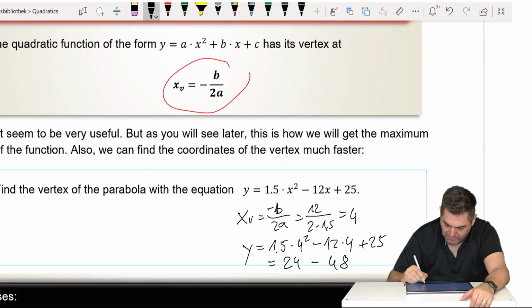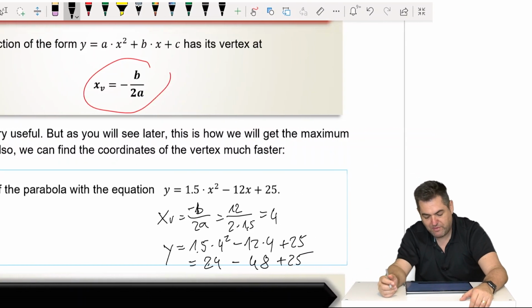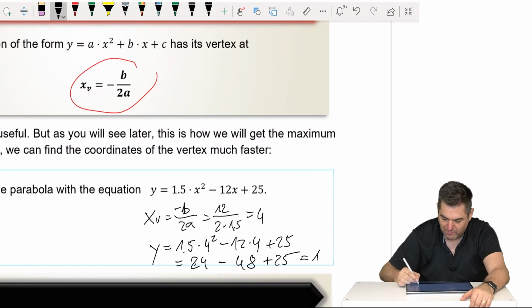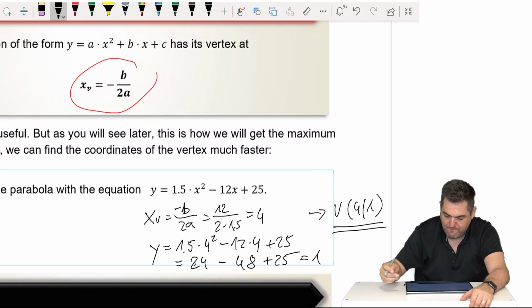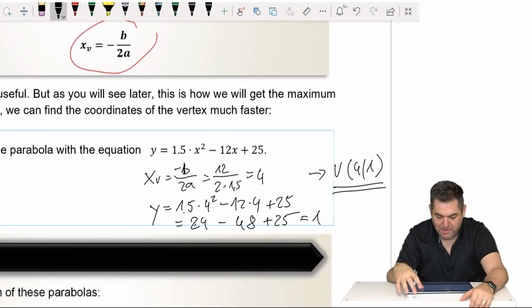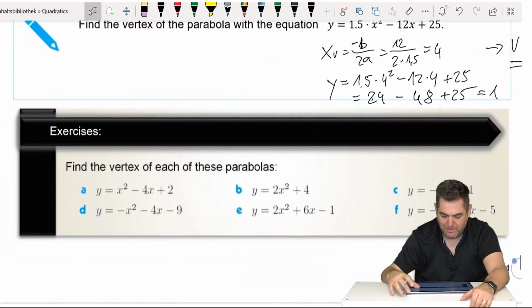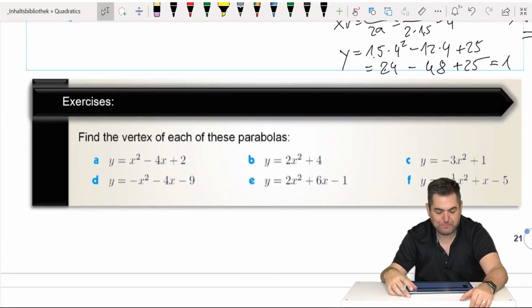This is minus 48 plus 25, so 24 plus 25 is 49, minus 48 is 1, so the vertex is at (4, 1). You get the same result as before, just much faster, and so you can practice also this formula using this exercise here.